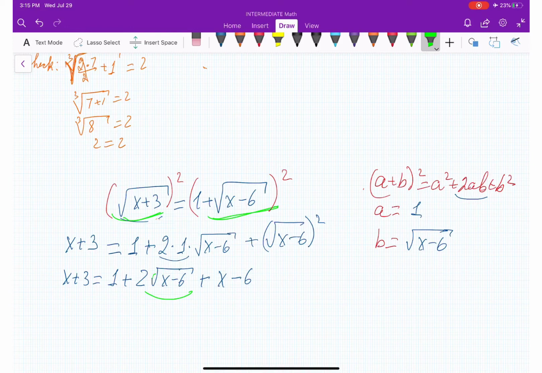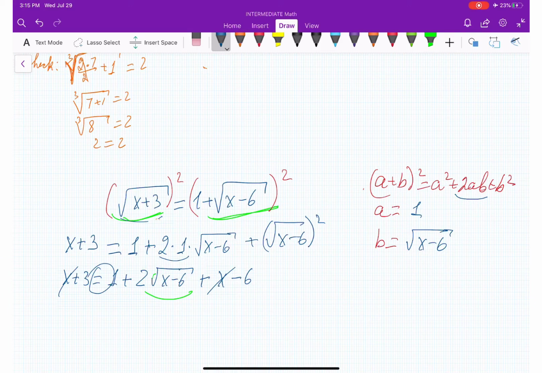First of all, this x will be cancelled with this x. Remember what I said: if same sign terms are on opposite sides of the equal sign, then you can cancel them, because once you move one to the other side, it's going to be one positive, one negative. You cancel anyway.